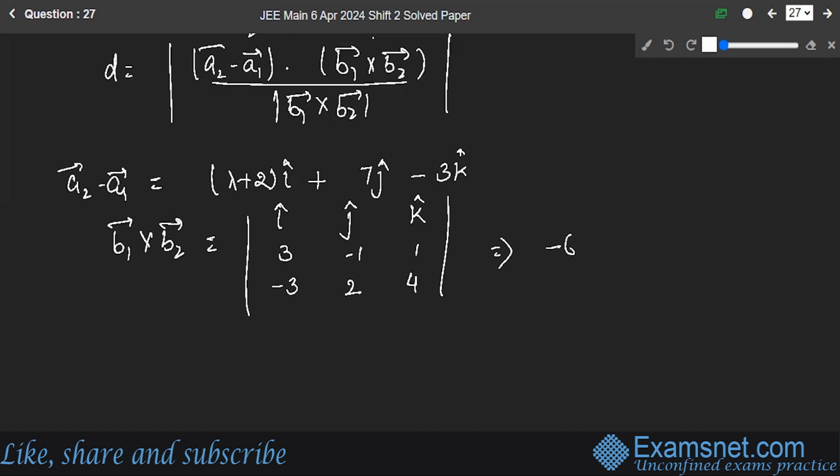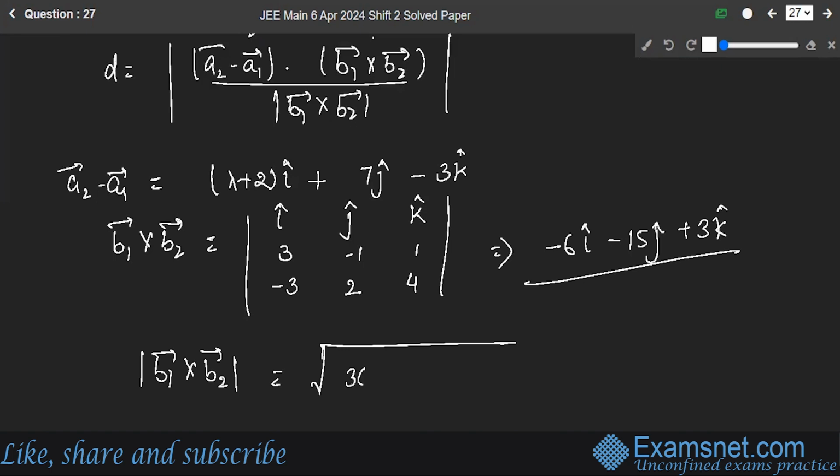This is equal to minus 6 i cap minus 15 j cap, and for the k cap, this is 3. Okay, this is the product. And the magnitude of B1 cross B2 is equal to 36, 225 and 9. This is root of 270.